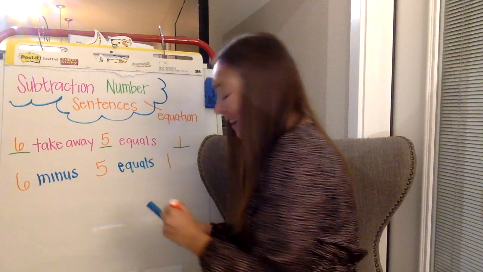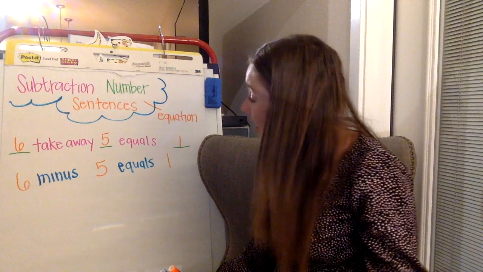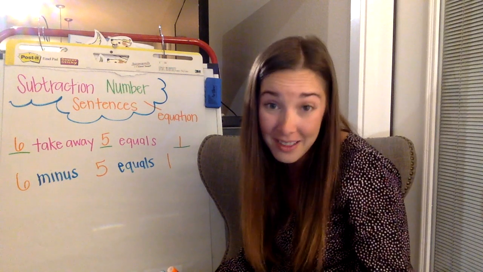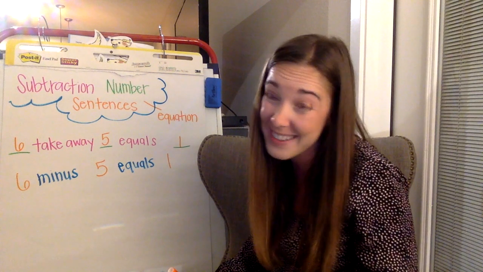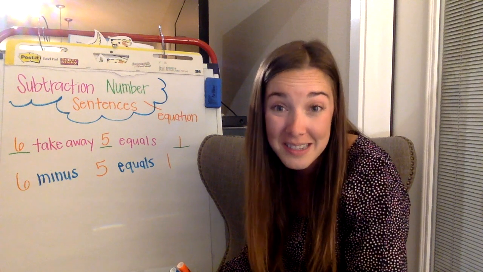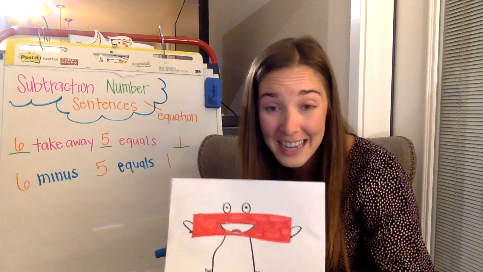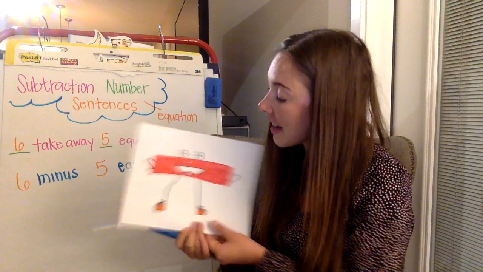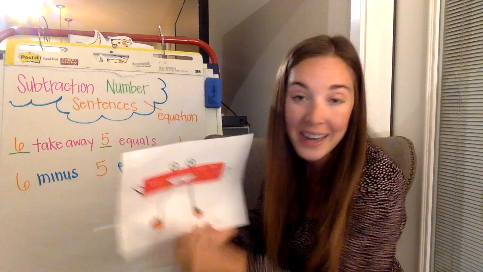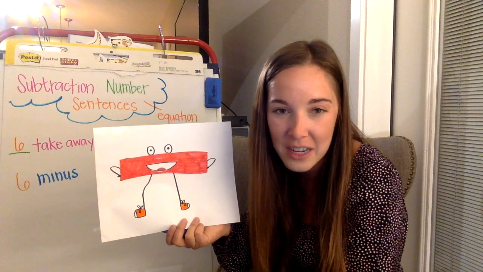But I don't know about you, but sometimes writing is just not what my hand wants to do during math time. Even though it's super important, sometimes I need a symbol to make my work a little bit easier on myself. And that's where Linus comes in again. Linus is actually the shape of the minus symbol. It's almost like a dash or a little rectangle.